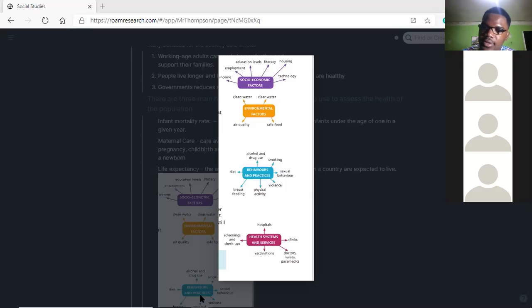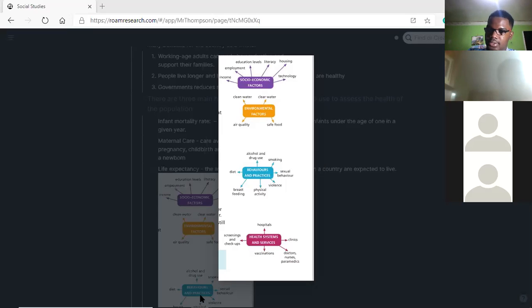The environmental factors that affect your health are clean water, safe food, and air quality. And the behaviors and practices that reduce or improve your health are alcohol and drug abuse, your diet, right? If you are breastfed enough, I know that sounds crazy. Like, sir, you really sure breastfeeding can affect my health?